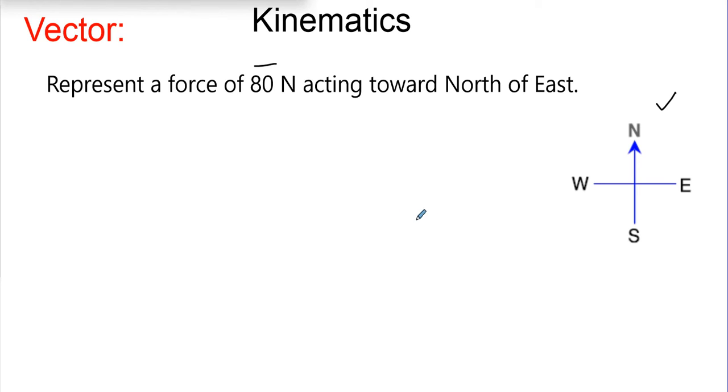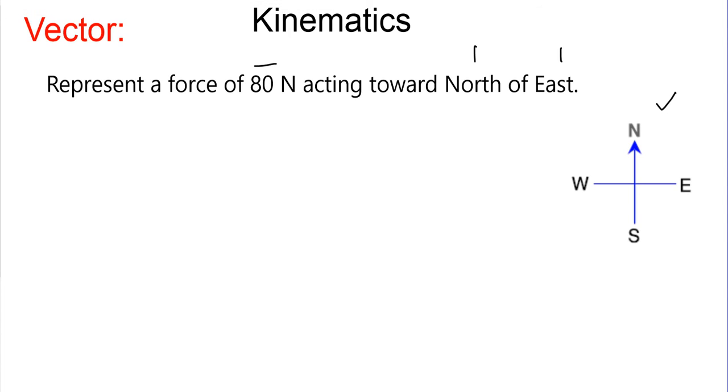And to show the direction, we should have a frame of reference. For example, north of east means between north and east. But first, I should have a frame of reference, because in that I will define what is north, what is east, and then I can represent the vector accordingly.